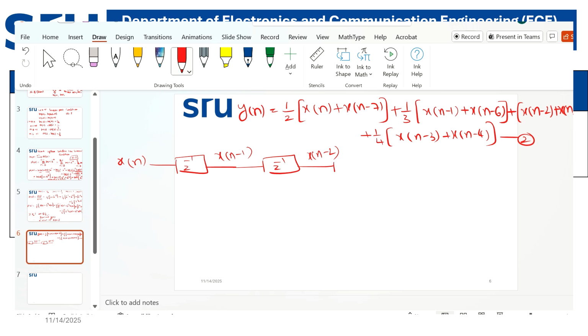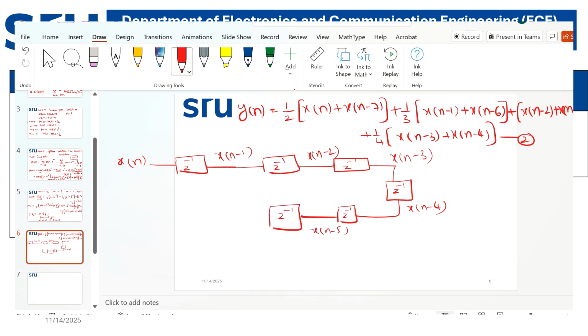So again it is delayed by one more sample to generate x of n minus 3, and delayed by one more sample to generate x of n minus 4, and generate x of n minus 5, 6 and 7.